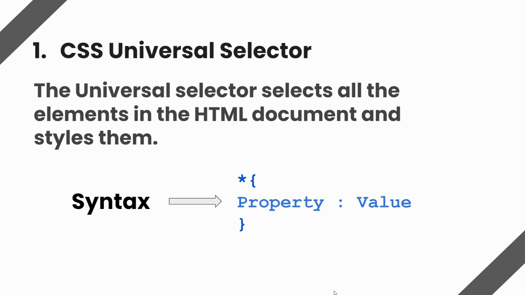So if you have this syntax and you put a property of background-color equal to a particular color, you're going to have that color attached to every element, irrespective of how they appear. So that's how the CSS Universal Selector works.